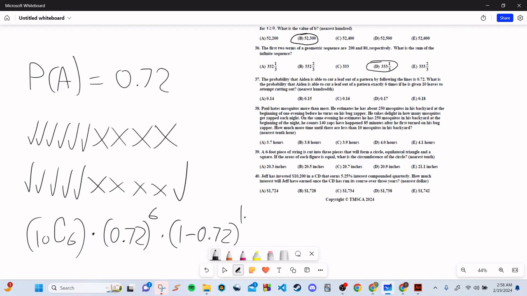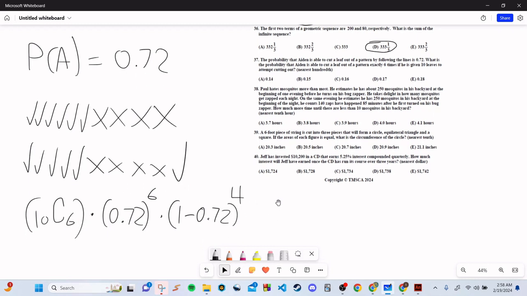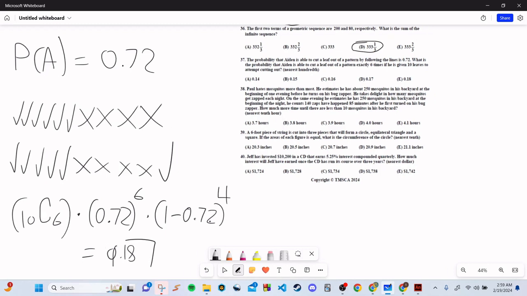We raise it to the number of times he failed, which is 4. And so this will get us the exact probability that he successfully cuts it 6 times. Typing this on the calculator gives me a value of 0.18. So that's our answer.